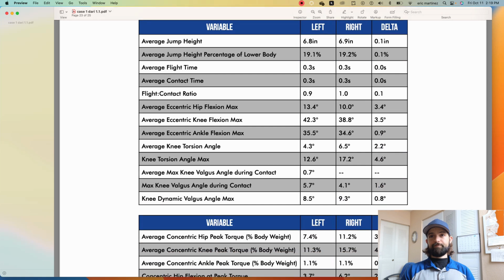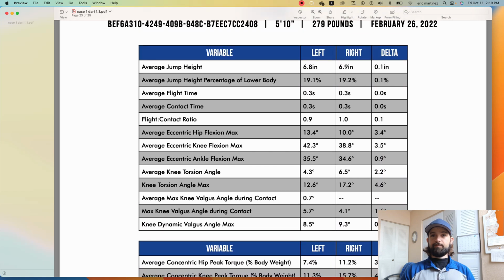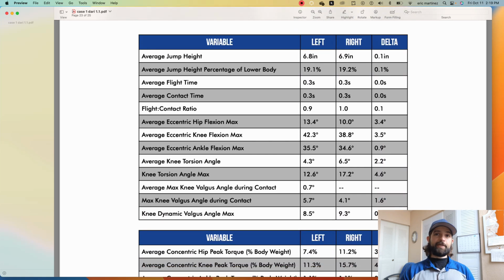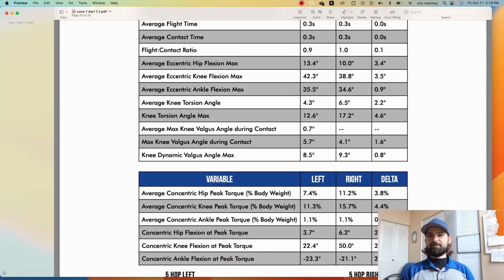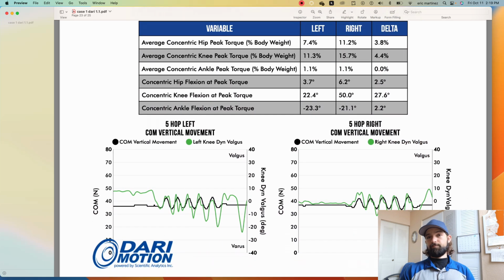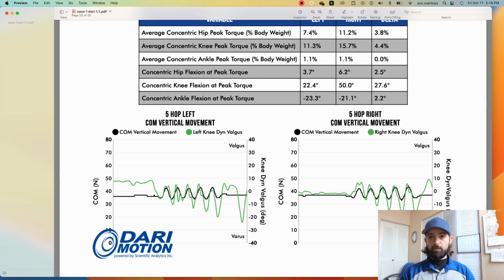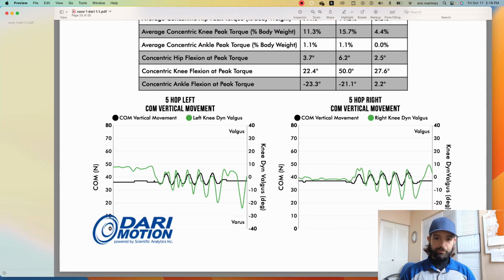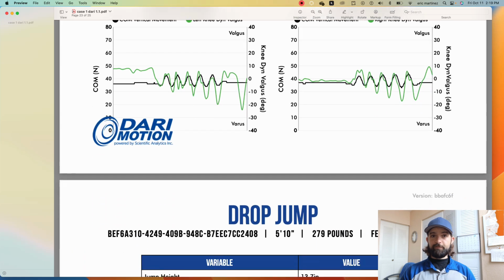Hops, 5 ankle hops, height 6 inches. So with time, we want to see this get better, but there's no major red flags in any of these numbers. This one, so he's actually taking a lot of load on the knees as opposed to the ankle, which is okay, but one side is worse than the other, which means that he can't recoil the power well enough.